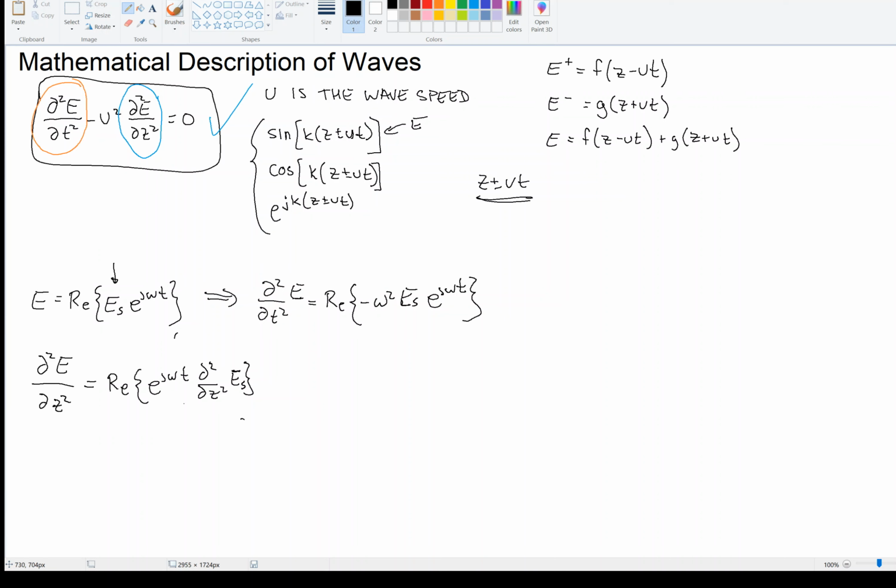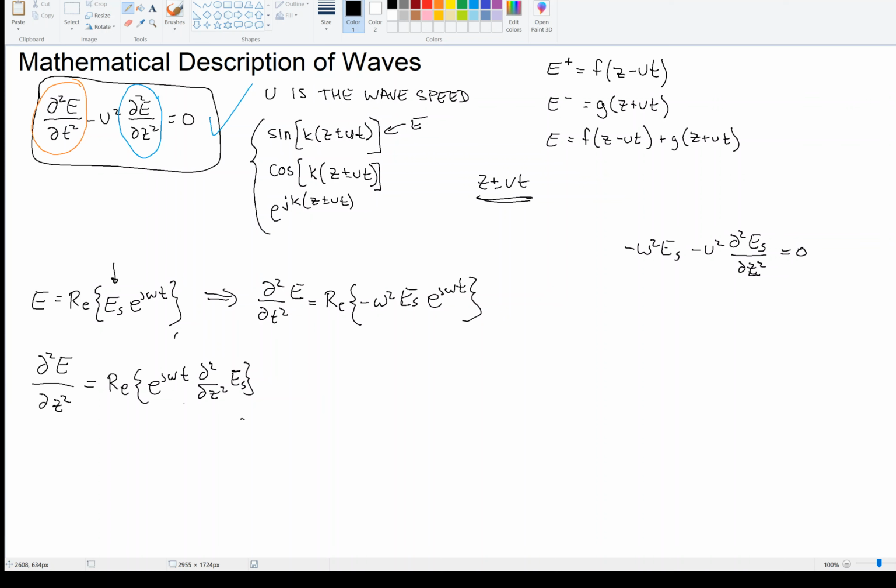So when I plug those into the wave equation, again for a time harmonic solution, then we would have negative omega squared E_s, that's from the time derivative, and then minus u squared from the wave equation, times the second derivative of E_s with respect to space, d z, equals 0.